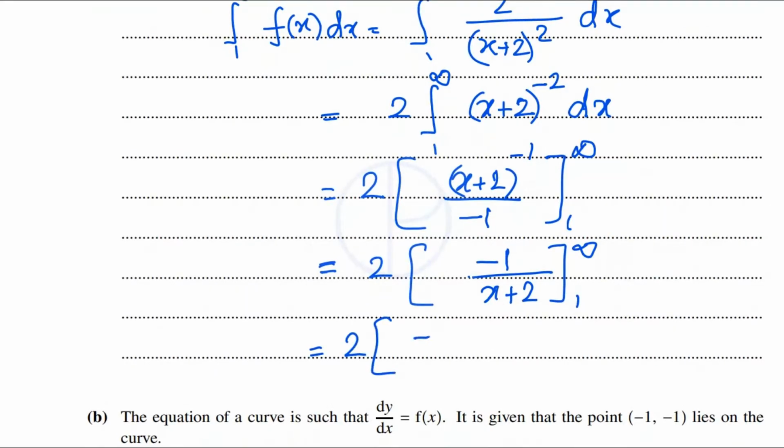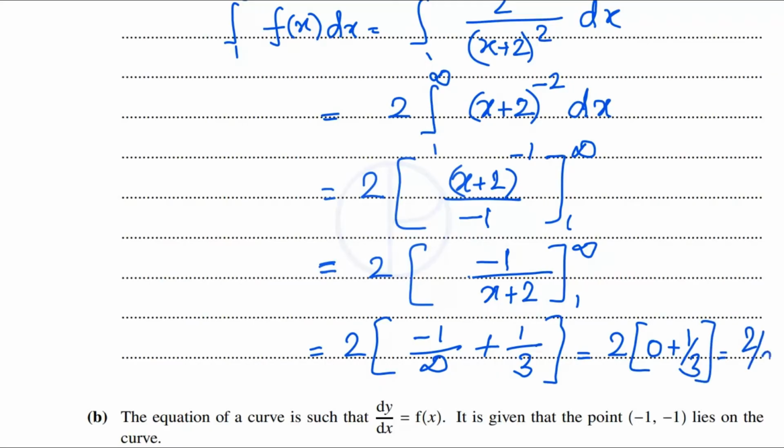At infinity, infinity plus 2 gives infinity, minus of minus, it will give 1 divided by 1 plus 2, which is 3. 1 divided by infinity is 0. So 2 times 0 plus 1 over 3 gives 2 over 3.